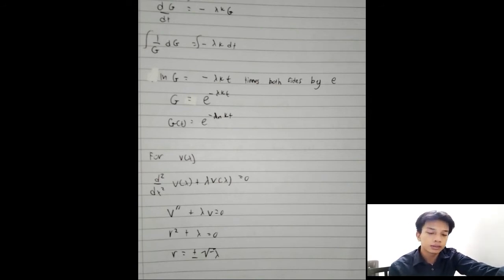For v(x), the equation is d²v/dx² + λv(x) = 0. Before we find the condition of v(x), we can simplify the equation with r = ±√(-λ), using the imaginary number general solution.